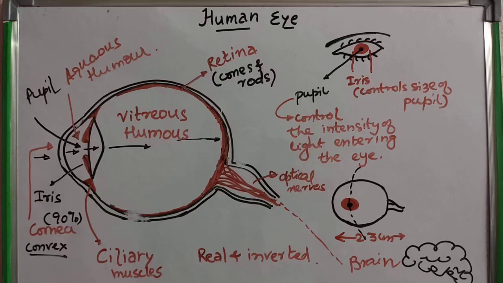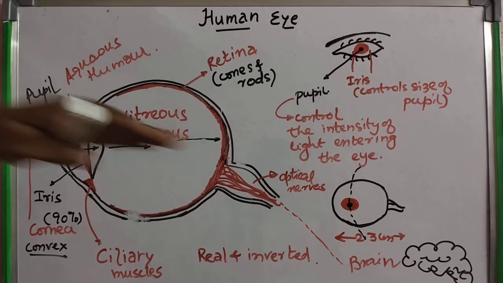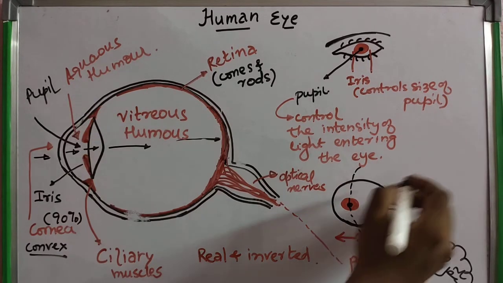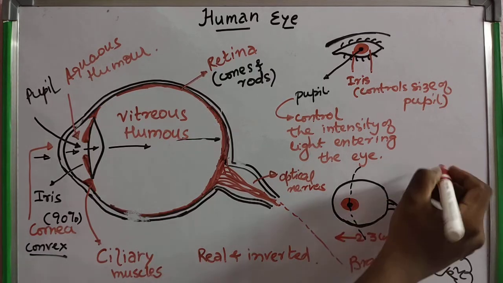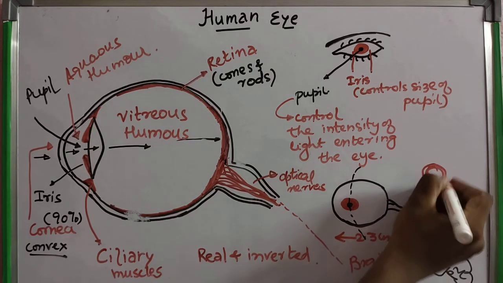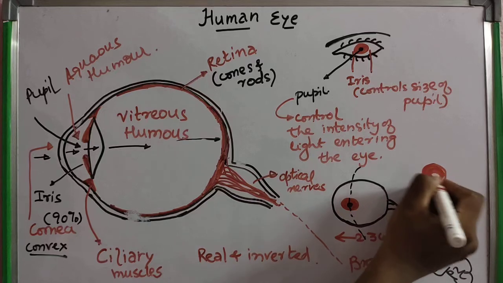When you are in a region where the light is bright, like outside on a bright sunny day, what happens? The iris contracts the size of the pupil. Let me show here, this is the iris.